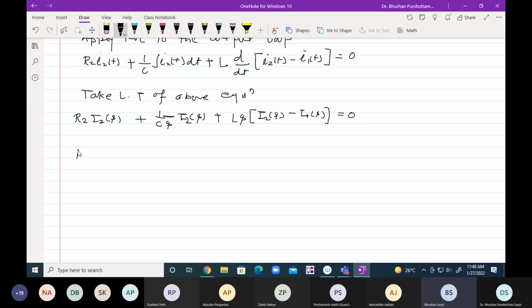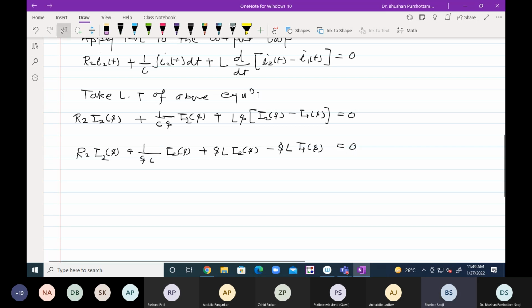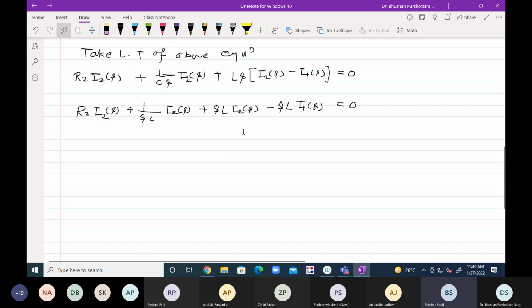So we will expand this. This becomes R2 into I2 of S plus 1 by S into C I2 of S plus S into L I2 of S minus S into L I1 of S, equals 0. So we will collect the similar terms.